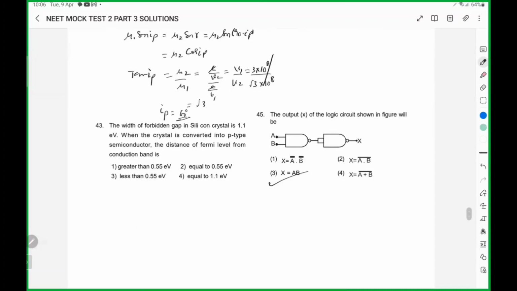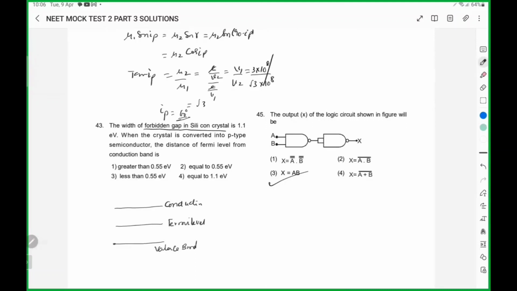Here, the width of the forbidden gap of silicon. For every element an energy band diagram will be there. Here it is the conduction band, this is the valence band, and this one is the Fermi level.